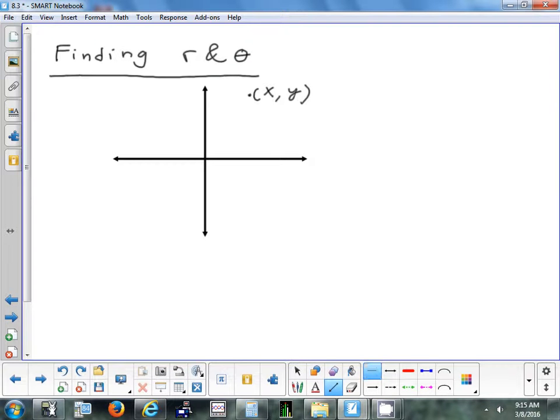Yeah, we're going to make a triangle. That's r. It's the distance from your point to the origin. To make a triangle, you always draw your leg perpendicular to the x-axis. Don't draw it to the y-axis. So the hypotenuse is r. How long is the bottom side?